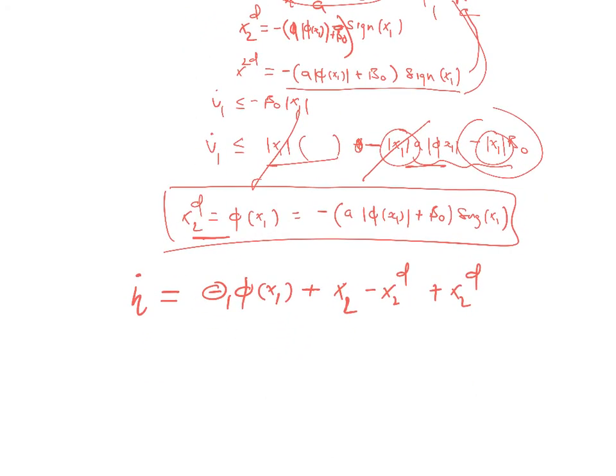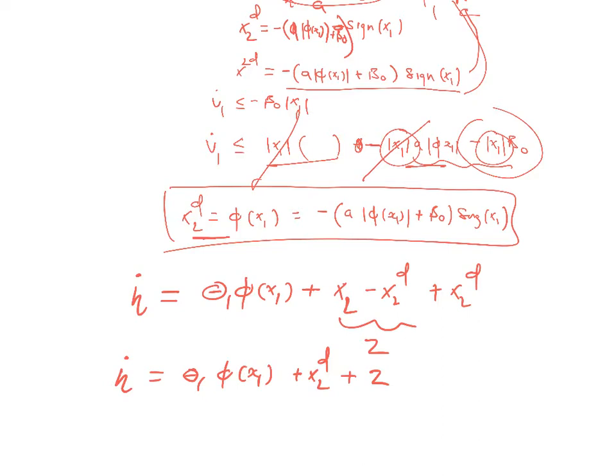Then you can define that this term is z, and eta dot can be written as theta 1 phi of x1 plus x2 desired plus z.